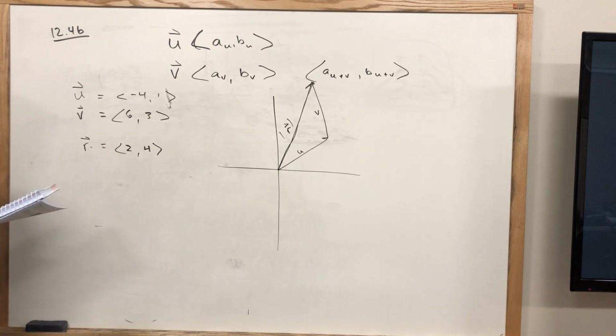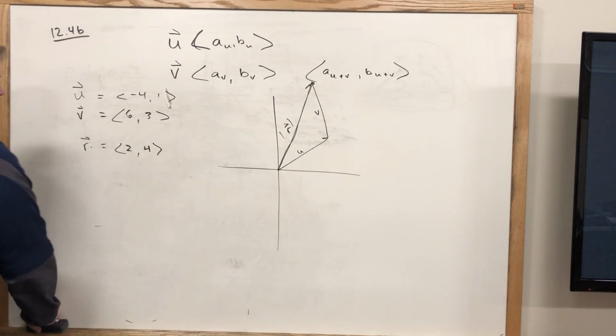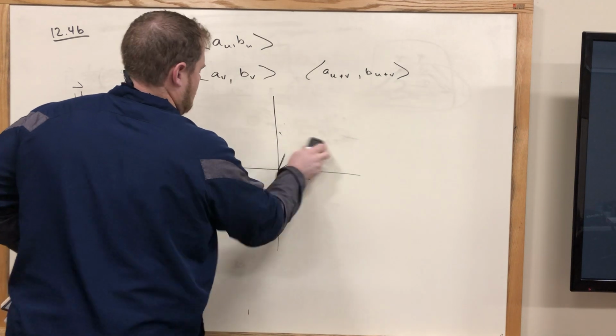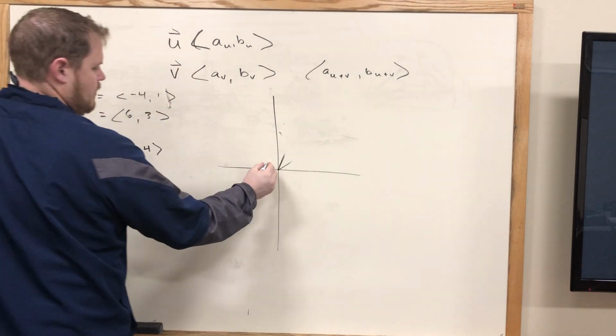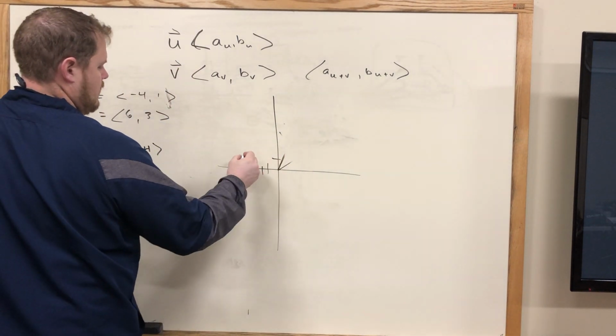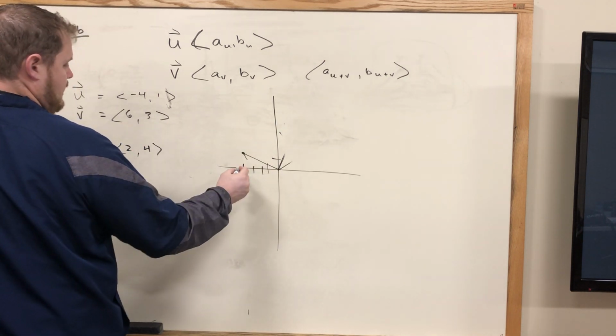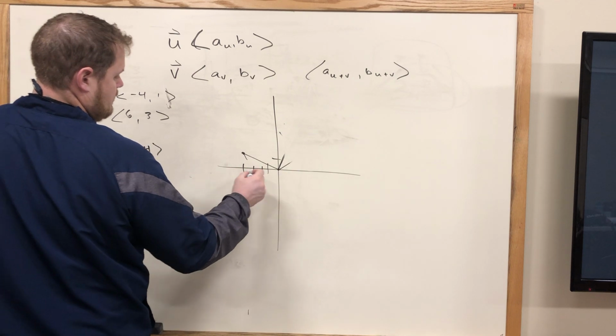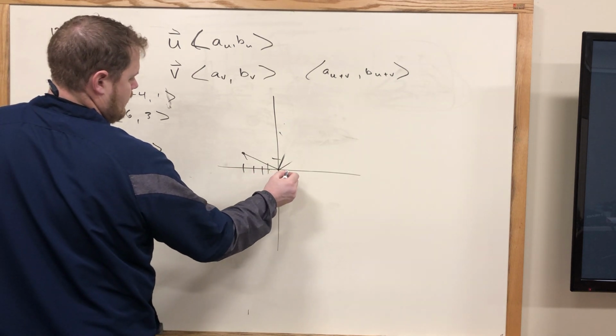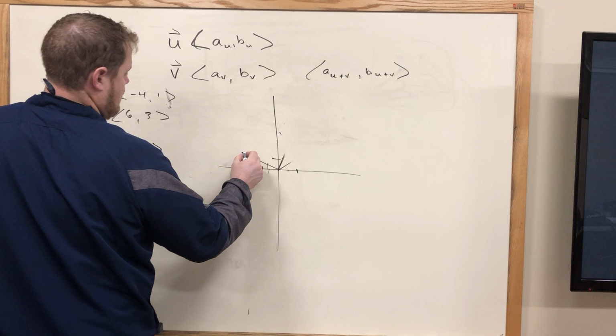Any questions? So if I were to draw them for you, -4 and 1, and then add 6, 2, 3, 4, 5, 6, and 3.